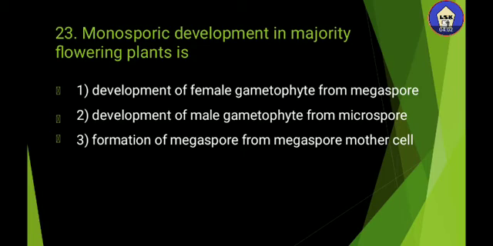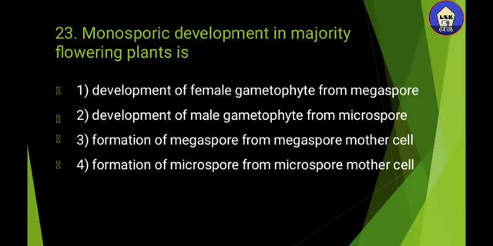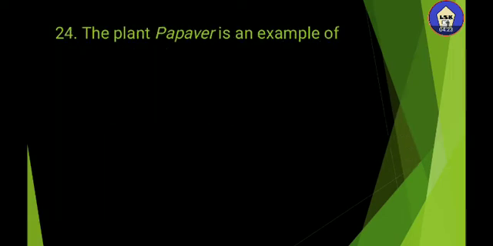Option 3. Formation of megaspore from megaspore mother cell. And option 4. Formation of microspore from microspore mother cell. So monosporic development in the majority of flowering plants is the development of female gametophyte from megaspore. So the answer is option 1.